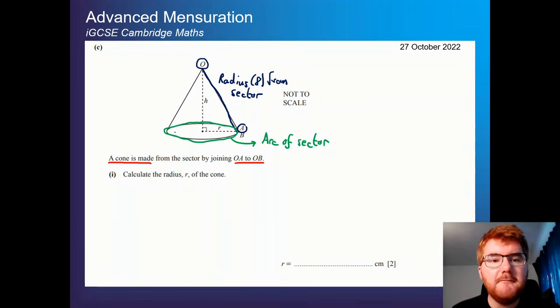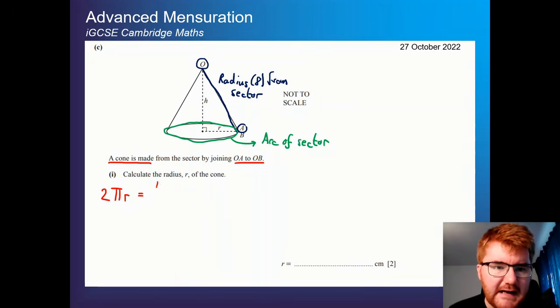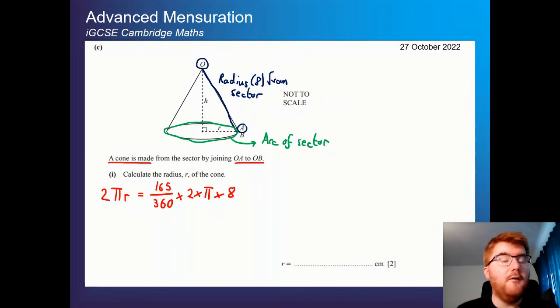Well, remember the circumference of a circle, that's going to be equal to 2 pi r, and that's going to be equal to the sector that we looked at before. So remember, we had 165 over 360 times 2 times pi times 8. So that came from part A of the question.